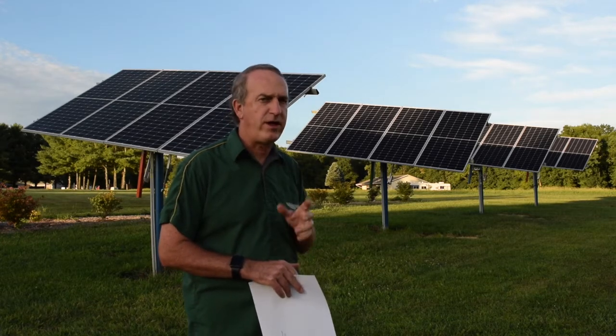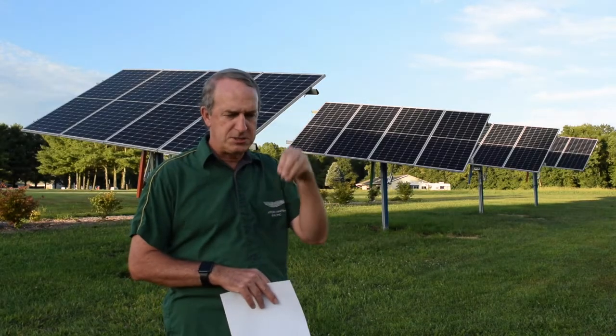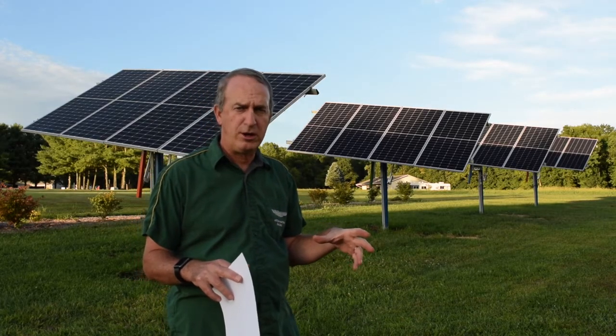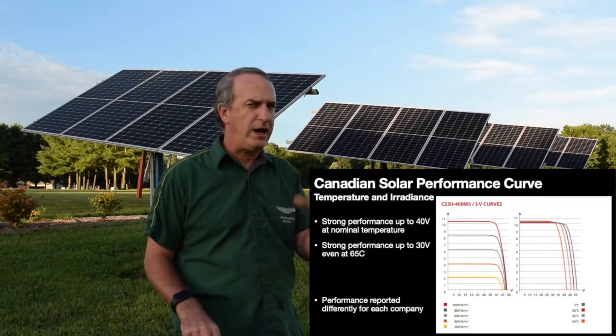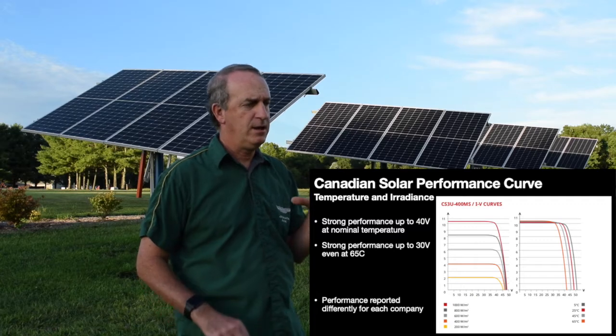The other thing that's a little bit tricky for the beginner: when the sun is beating down, as we talked about last time, at 1,000 watts per square meter, then you're getting the full rating of the solar panel. So whatever that number is that they sold you, that's what you're going to get.